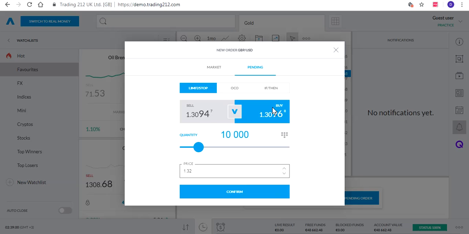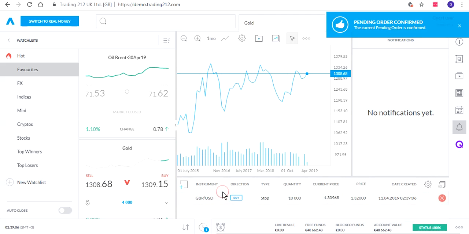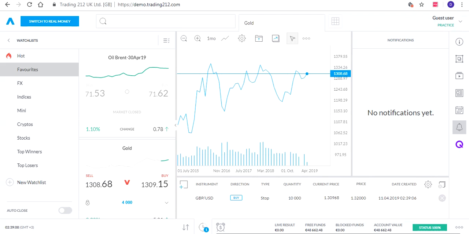Then we want it to be a buying transaction. Then press confirm. So in this case, we told the market to buy 10,000 Great British Pound when the price reaches this value, which is 132. And here we can see the current price is 130.